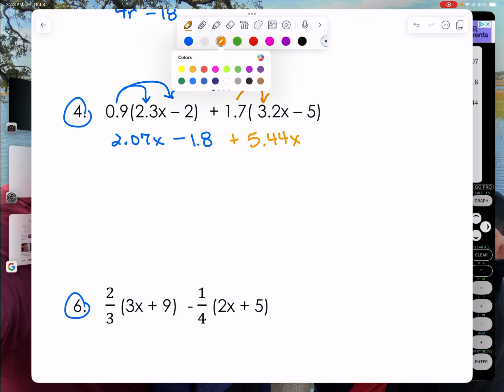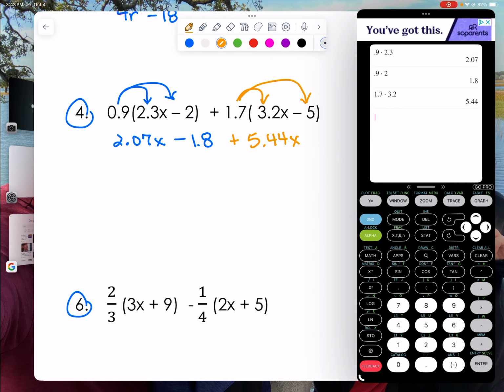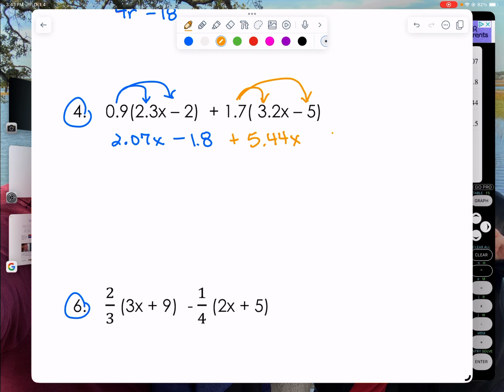And then I distribute my 1.7 to my negative 5. Again, just plug 1.7 times 5 into my calculator, and I get 8.5. Now notice I didn't even worry about putting the negative because I know a positive times a negative gives me a negative. So that's 5.44x minus 8.5.